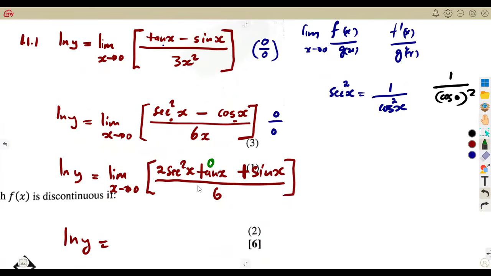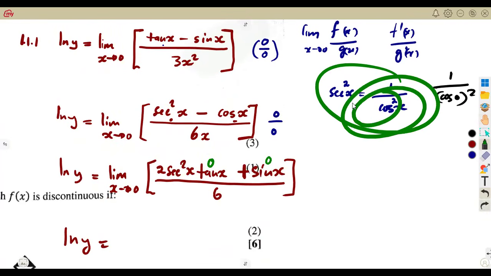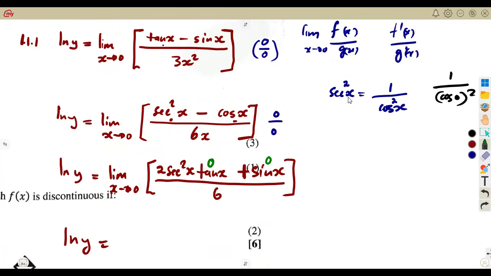We saw this before. This is also going to give us a 0. 0 times any number, this is 2 sec squared times this. Whatever you are going to have, the way you simplify your sec squared, you obtain 1 or whatever. But the moment it is multiplied by a 0, what are you going to obtain? That is going to give you a 0.